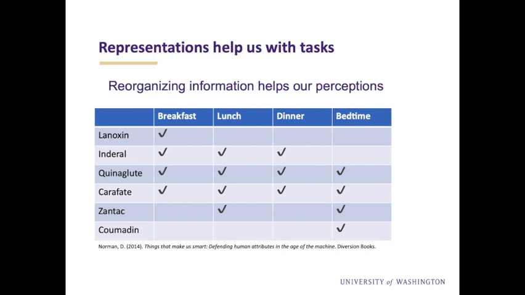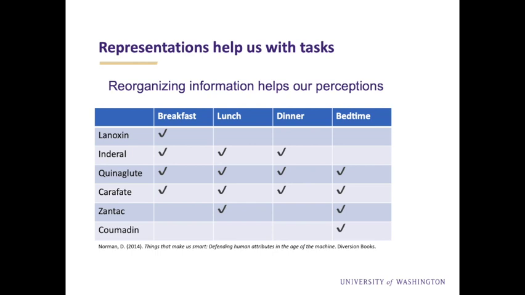So for instance, for breakfast, I have 4 pills, lunch, 4 pills, dinner, 3 pills, and bedtime, 4 pills. And so by transforming information into a format that helps us gather knowledge and information, we can better do the tasks that we're interested in.